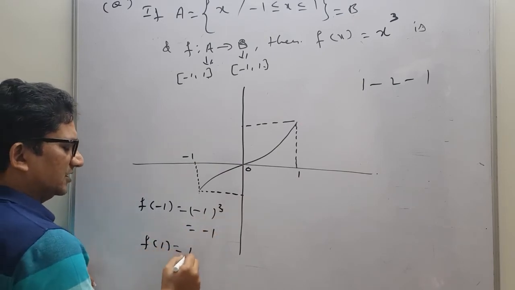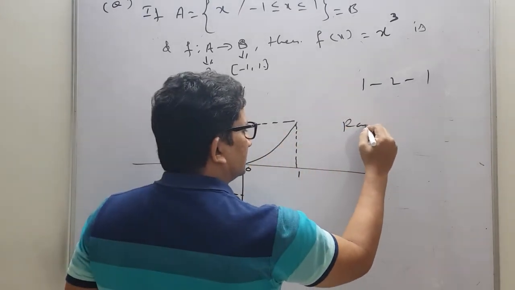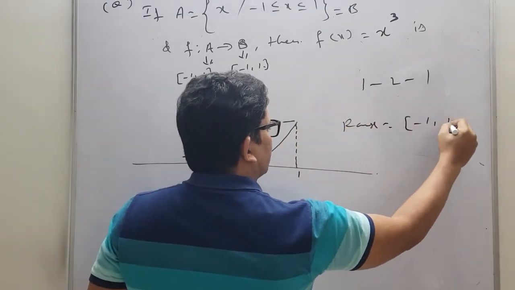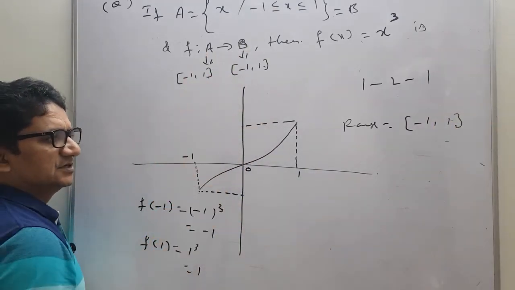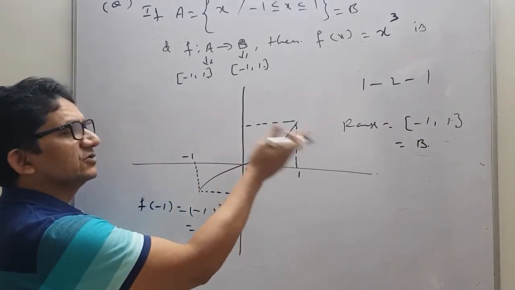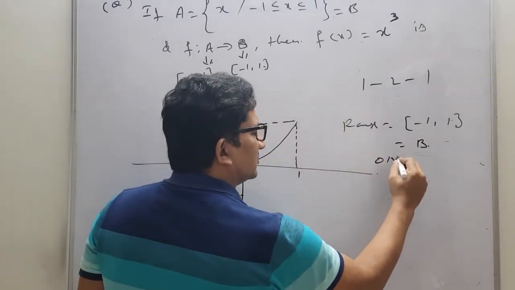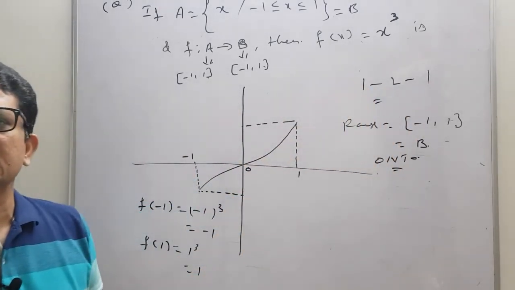And f of 1 equals 1 cube, so we get 1. Clearly the range is minus 1 to 1, because the function is increasing. So the range is minus 1 comma 1, which equals B. Range and codomain are both the same, therefore the function is onto. So it is bijective because it is 1-1 and onto.